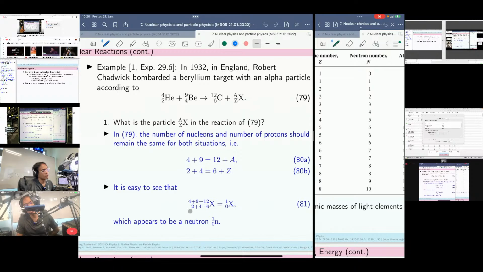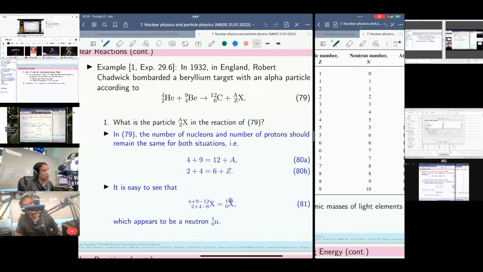What is that? It means we have one nucleon remaining. It could be either a proton or a neutron. But at the lower part, 2 plus 4 minus 6 is 0, so the number of protons is 0.